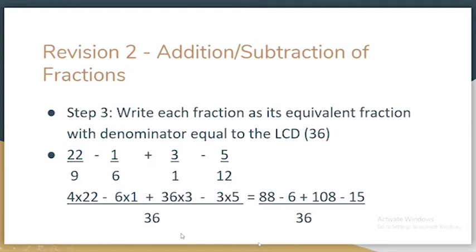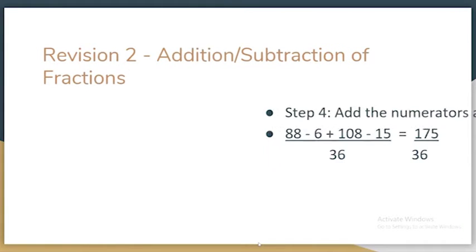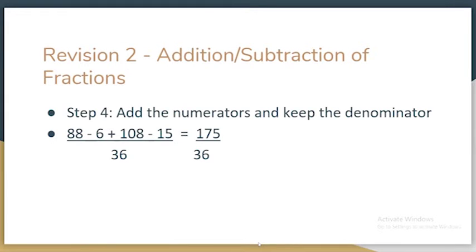And computing, we have 88 minus 6 plus 108 minus 15. Now, as we simplify that, we need to remember the laws for addition and subtraction of directed numbers. You remember those shortcuts? Yes? That's brilliant. When the signs are the same, we add and keep the sign.